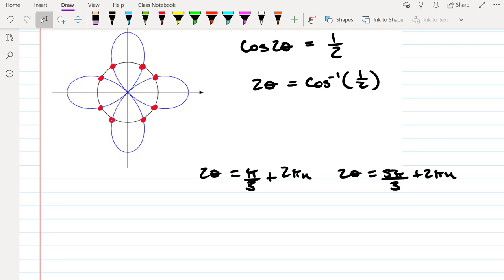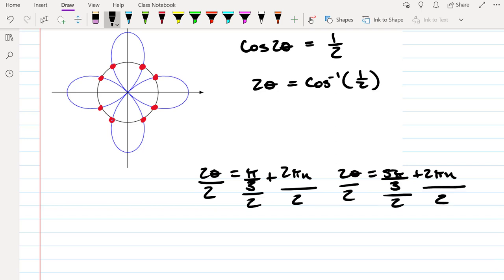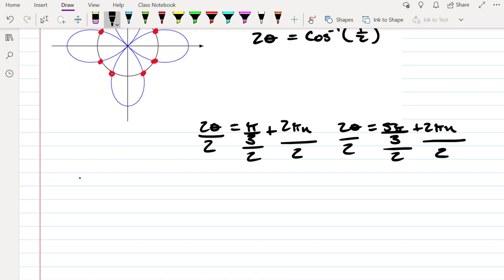So we finish solving for theta. We divide by 2, and we get theta is equal to pi over 6 plus pi n.